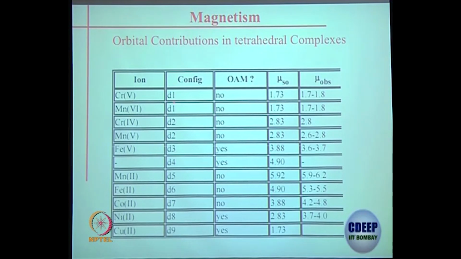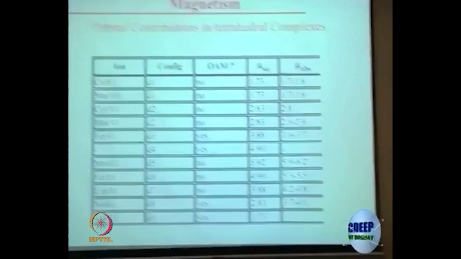For example, d1 for octahedral is t2g1, which means orbital angular momentum is possible. d1 for tetrahedral is e1, since it is splitting between E and T2. Is that clear? Any of you did not understand that? I will be happy to discuss again.